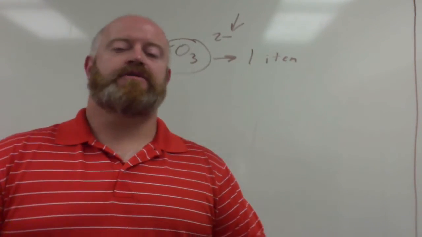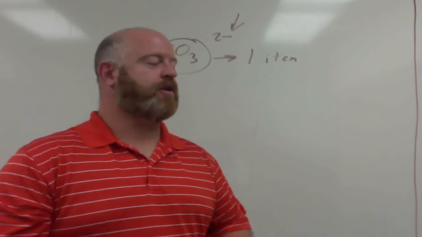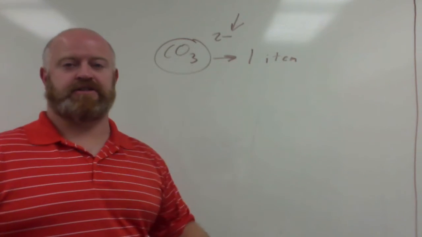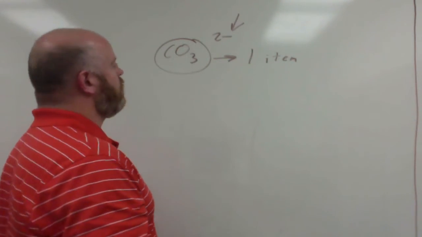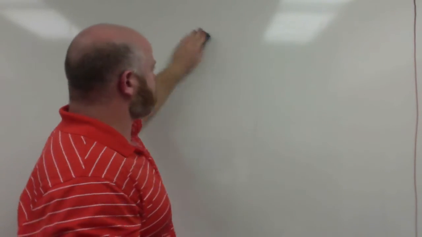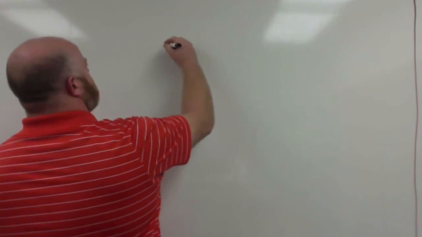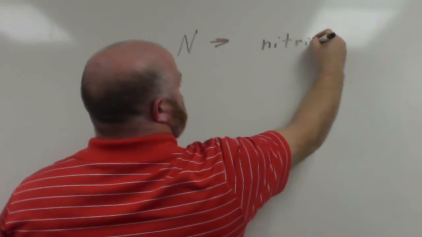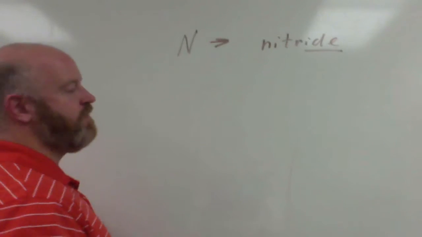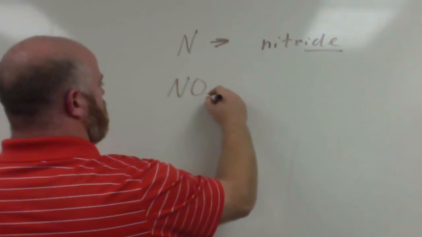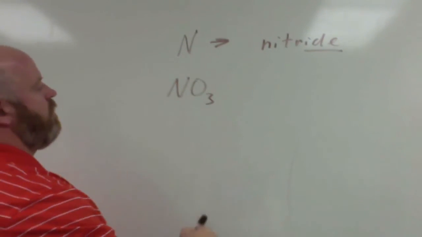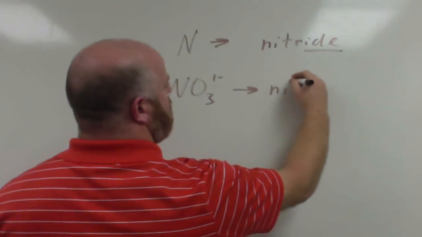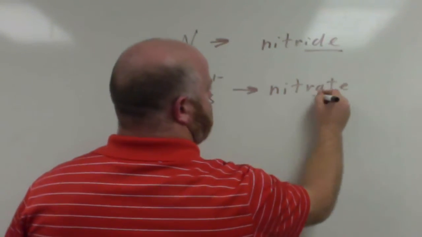Okay? Now, when it comes to naming them, we have to be able to distinguish the difference between carbon by itself and carbon bonded to oxygen or these polyatomic ions. So when we work with polyatomic ions, if you had, let's say, just nitrogen, we would call that nitride. But if you have NO3 that's in a polyatomic ion with the 1- charge, we call that nitrate.